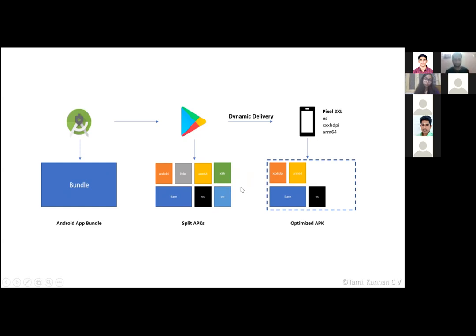This device doesn't need those architectures and languages, right? So what the Google Play Store does is remove the files not needed for that application, create another optimized APK, and provide it to your device. As a result, you can get the smallest file-sized application.